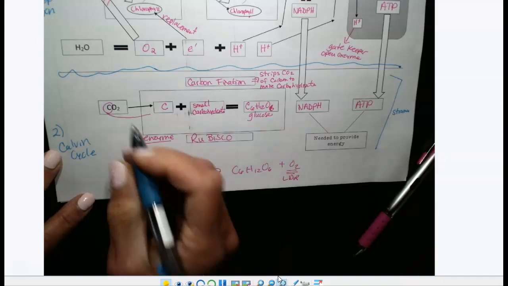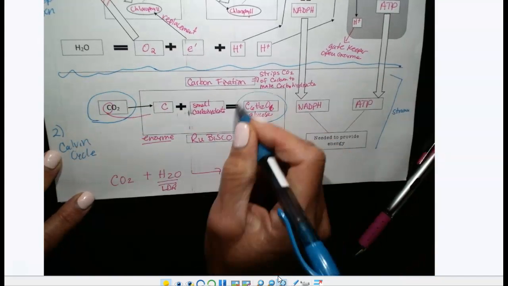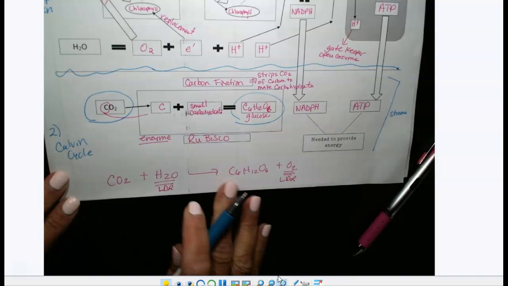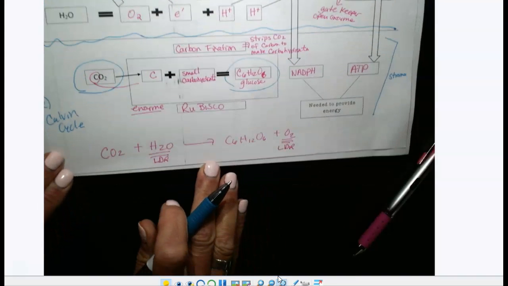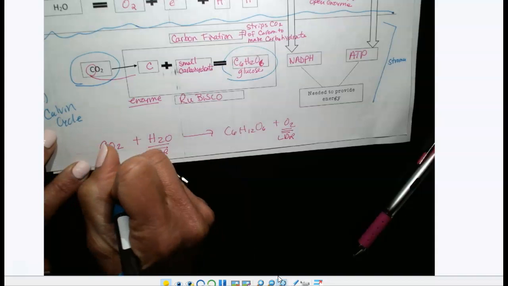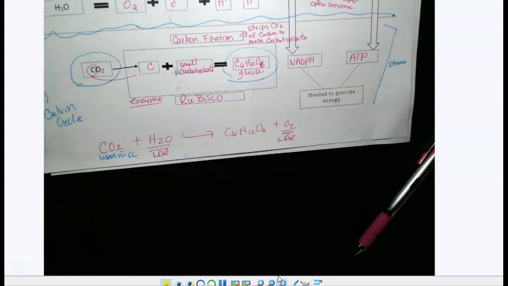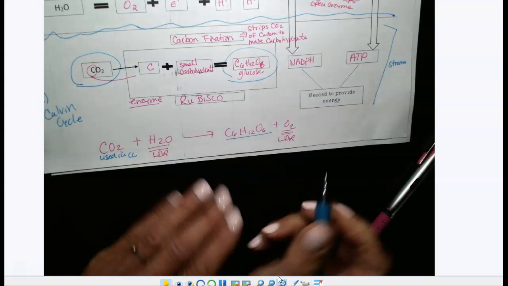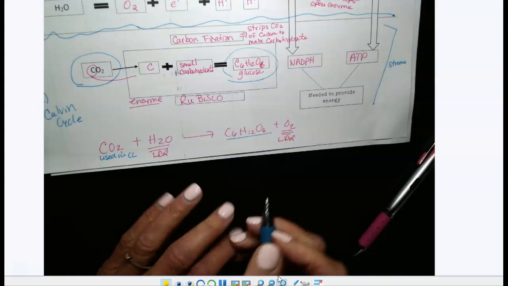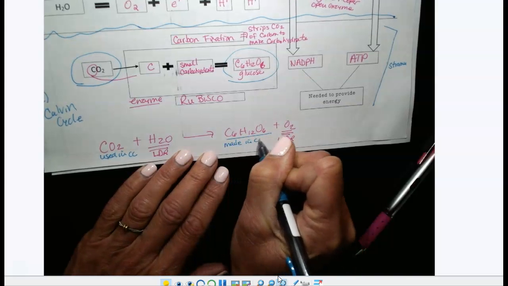So now, that's one of our reactants, and here is our other product. If we come down here to our reaction, carbon dioxide is used in the Calvin cycle. Under my C6H12O6, I'm going to write made in Calvin cycle.